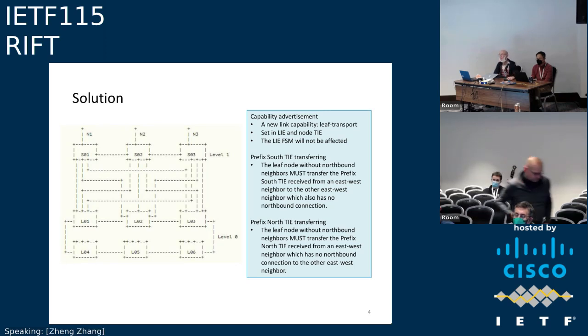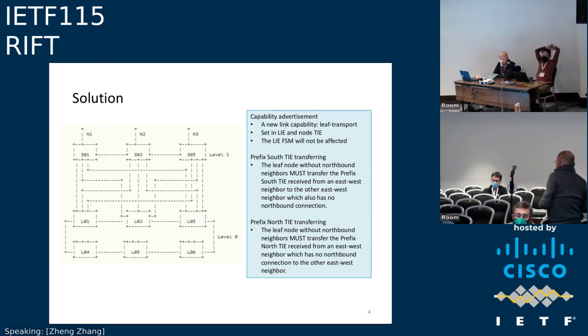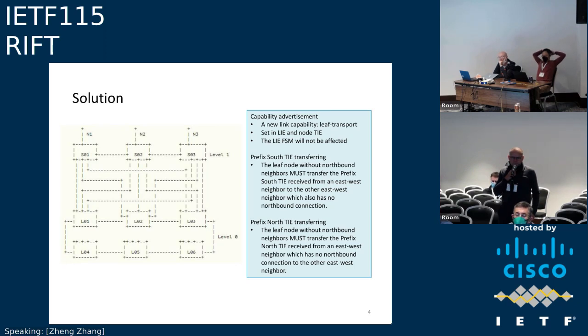Okay. Let's see. Because we think if RIFT is to be used in many deployments, maybe this corner case will occur. So we think that it may be a use case for RIFT. But as you said, if we use the ZTP function of RIFT, we can generate the level automatically, and some leaves will not be leaves and will become spine.